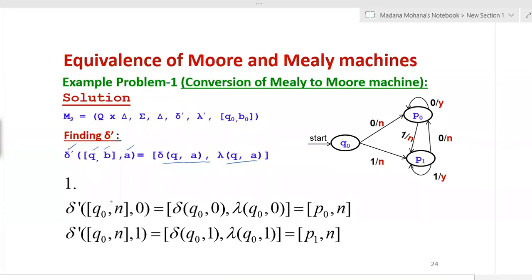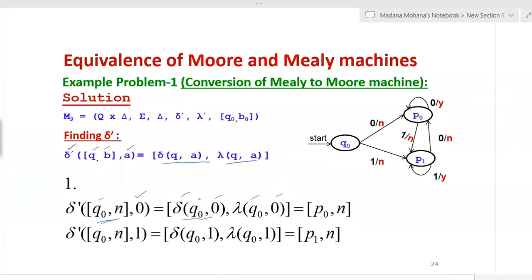Now you can see the first one. First we have considered (q0, n) as the first state, the initial state we assume. Here the inputs are 0, 1, sigma equal to {0, 1}. So for the first input 0, apply this formula. This can be written as delta of (q0, 0), lambda of (q0, 0). Here you can substitute these transitions.